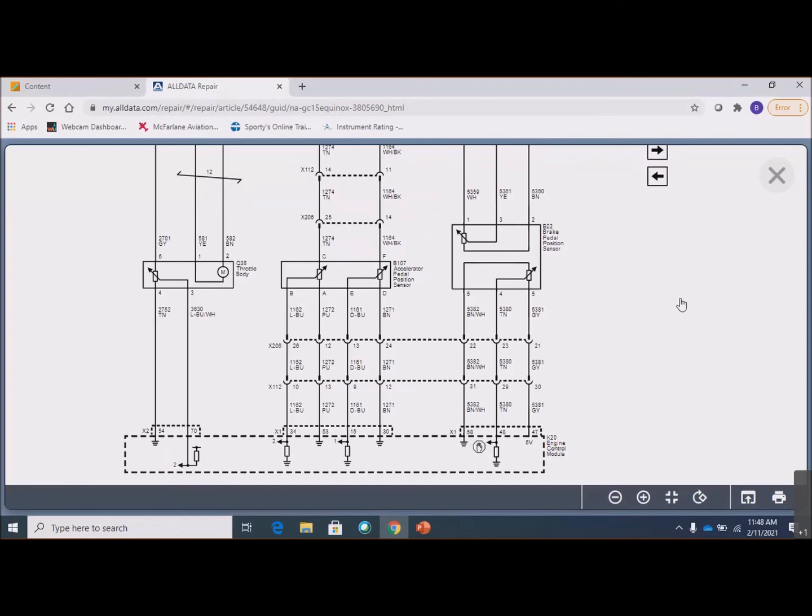As long as the computer understands what the voltage level from each sensor equals as far as accelerator pedal position, and they both agree on the accelerator pedal position, if not the same voltage, then this will be fine. But if one of them is wrong, then it's not going to trust it.